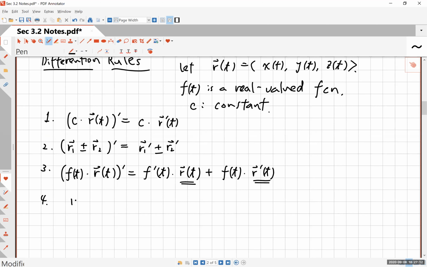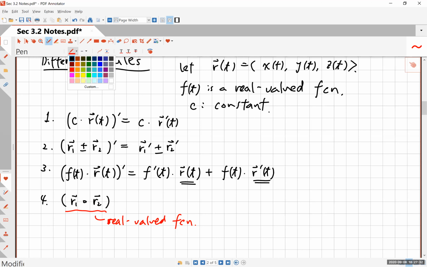Okay. Now what happens then if you have the two vector valued functions dotted together? So this is now a scalar function, right? Maybe it's important to emphasize this. This is a real valued function. Okay, so if you have this dot product, what is the derivative of this real valued function?